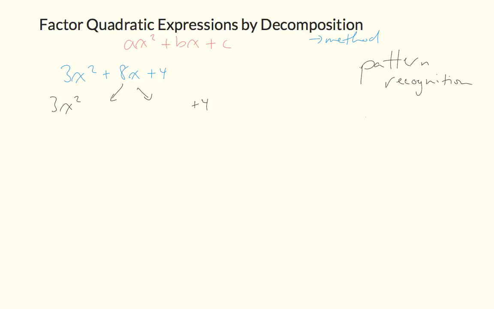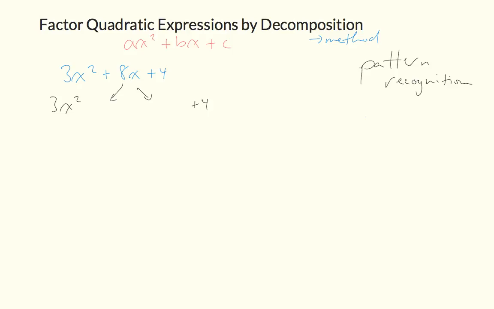And so it's got to break down into two things that are going to add to the 8x. Now, the list of things that add to 8x is pretty long, infinitely long, actually. So we're actually going to narrow it down. And this process works when some pretty specific criteria are fulfilled.